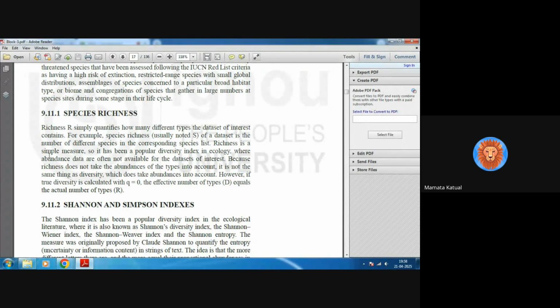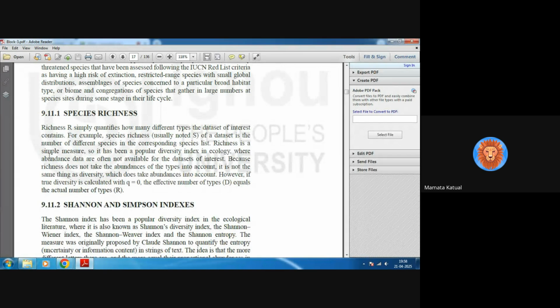There is also relative species abundance. Relative species abundance means the ratio of the abundance of a particular species to the total abundance.